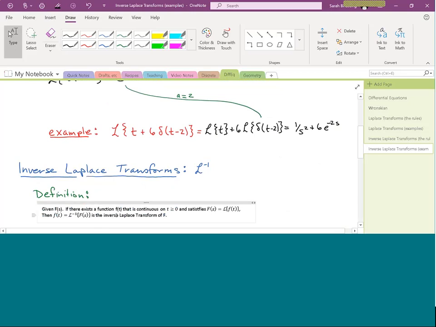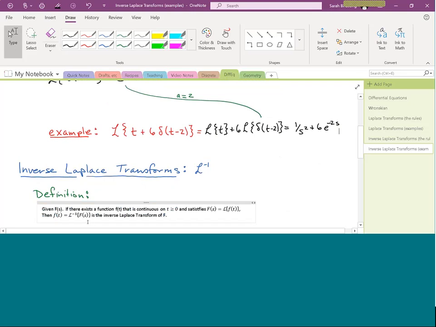If you can then find a second function, which we're going to call lowercase f, that's continuous on its domain where t is 0 or positive, and the Laplace transform of that lowercase f function equals exactly the original function that you had, then that lowercase function you found is in fact your inverse Laplace transform of the original function F.